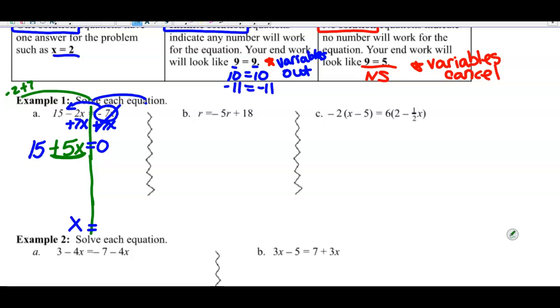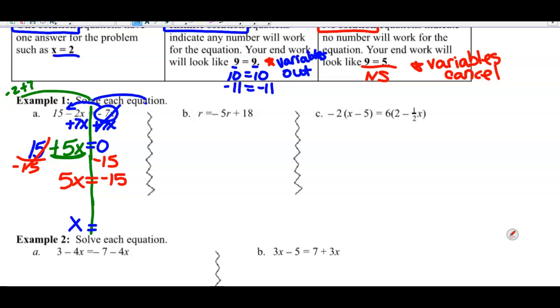So, two-step equation, I'm back down to what I already know how to do. So I'm going to get rid of the number by itself first, that 15, and I have two choices. I either add or subtract it to both sides. Well, it's a positive 15, so I'm going to do minus 15, minus 15. That cancels, and I'm left with 5x equals 0 minus 15 gives me a negative 15.